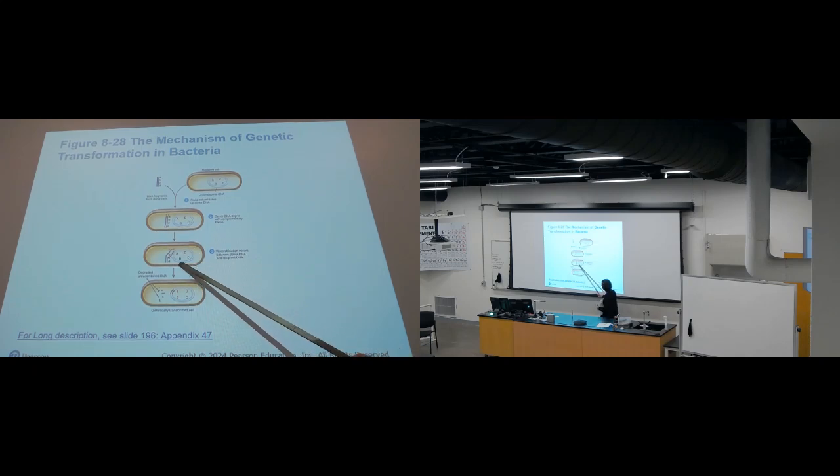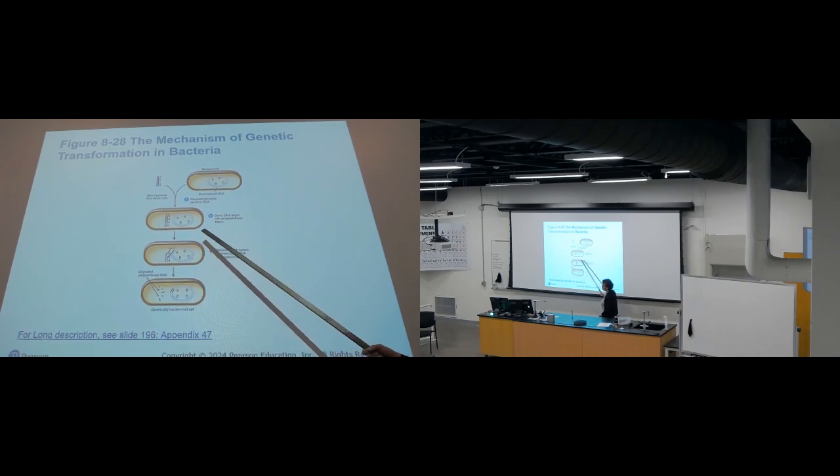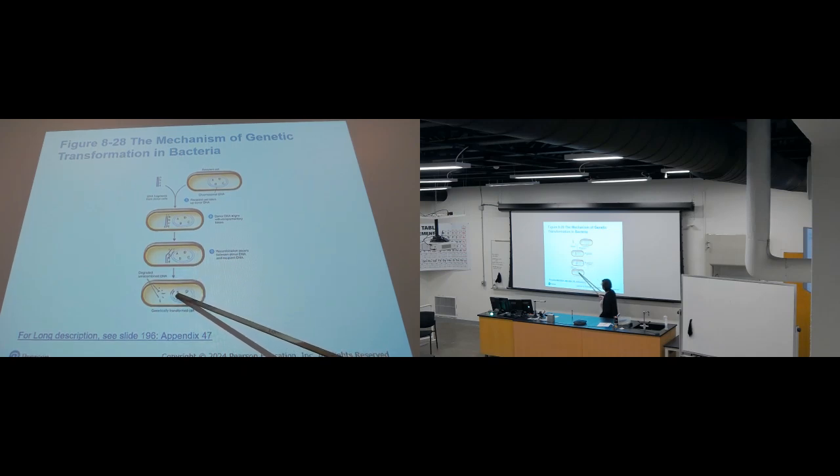So instead of having only genes with capital letters, which represent the genes from the recipient cell, now you end up with a hybrid in which you have this specific gene, lowercase a, and you don't have the uppercase A, and you have the rest similar to what you had before, and the rest is degraded.